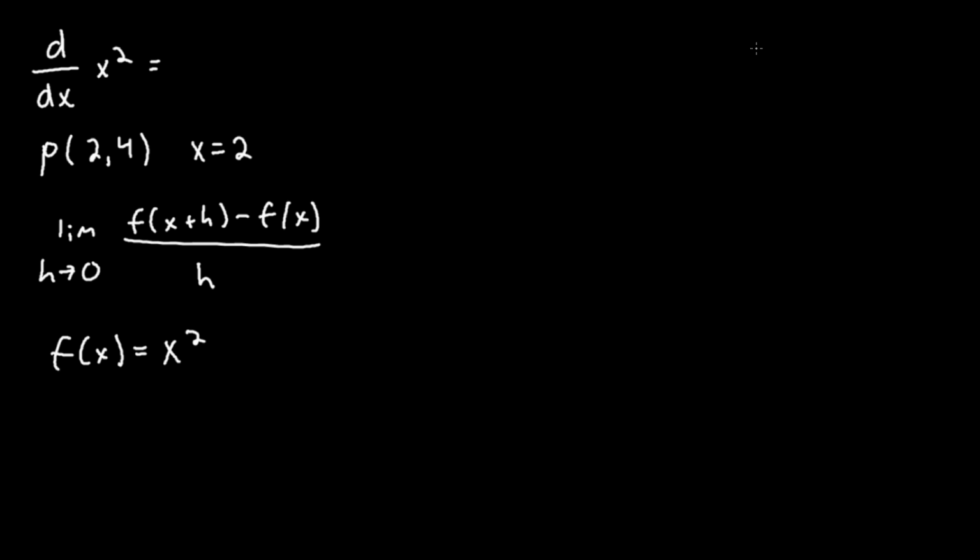So we'll keep this in mind using a green underline. Let's set up our limit, now that we have all the information we need. Using the limit definition of derivative, our function is x squared. So our general function is f of x equals x squared. So we plug in x plus h into our function for x.